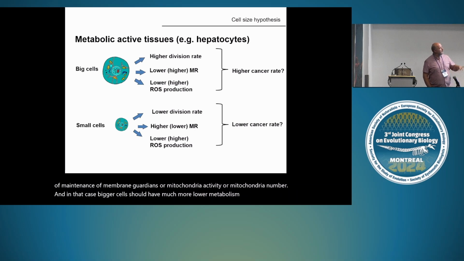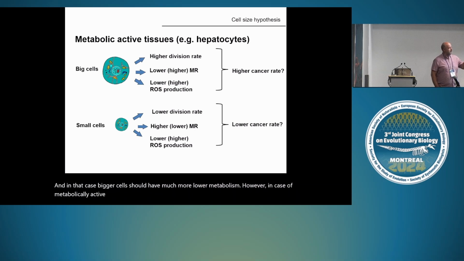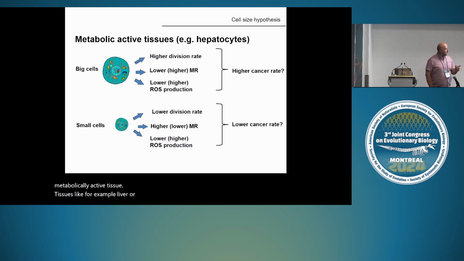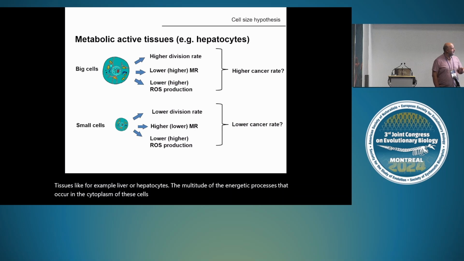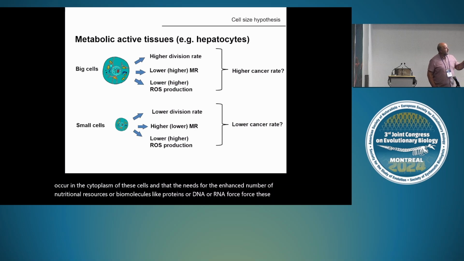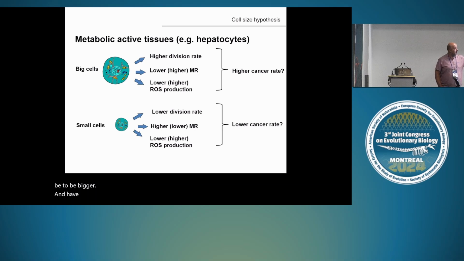However, in metabolically active tissues like, for example, the liver or hepatocytes, the multitude of energetic processes that occur in the cytoplasm of these cells, and the need for an enhanced number of nutritional resources or biomolecules like proteins, DNA or RNA, force these cells to be bigger and have a higher metabolic rate and, of course, higher ROS production.